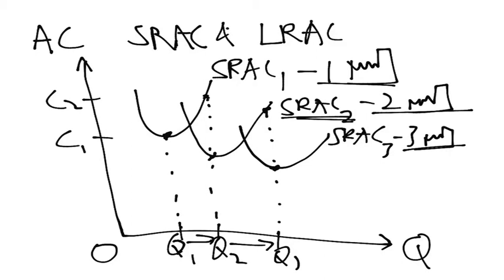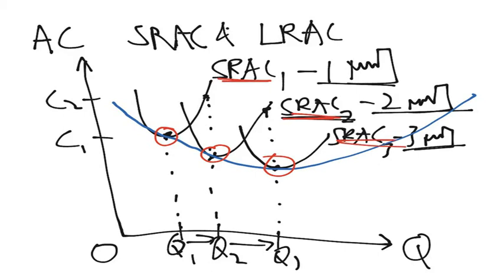Now, just to let you know, the long run average cost curve is actually joining the minimum point of each and every short run average cost curve. Why? Because if you repeat the procedure, there may be a curve for 4 factories, 5 factories, 6 factories, and so on.